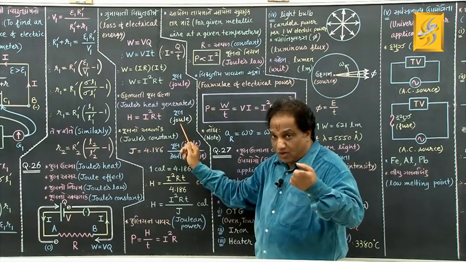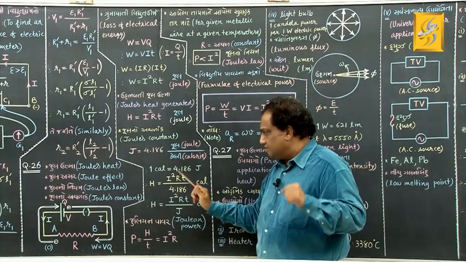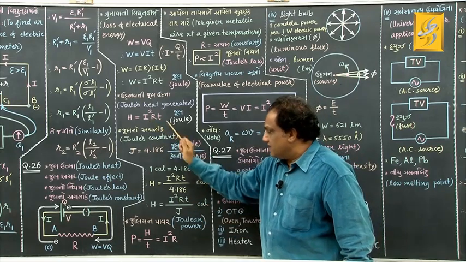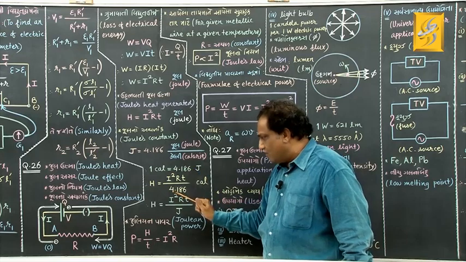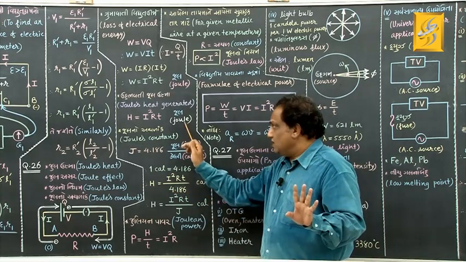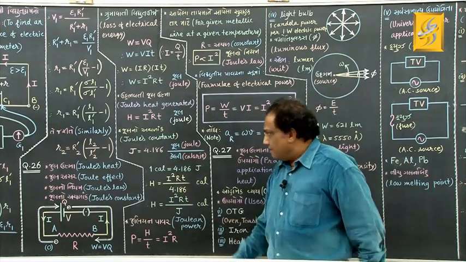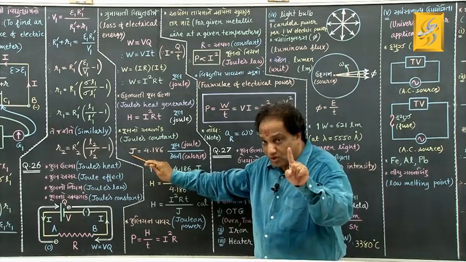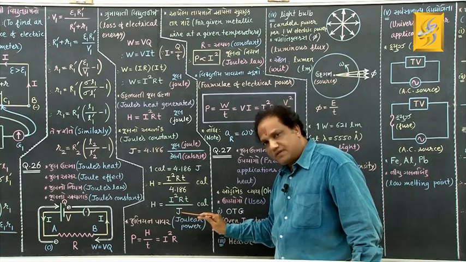I want to convert it into calorie, then joule to calorie you should divide by this much value, that is 4.186. So, the same formula written here, but now that term I am dividing by 4.186 and then you should write calorie. Okay? Joule is converted into calorie by dividing by this factor, got it? But the same factor can also be represented by symbol capital J, that is Joule's constant. So, in place of this I can write capital J, correct?